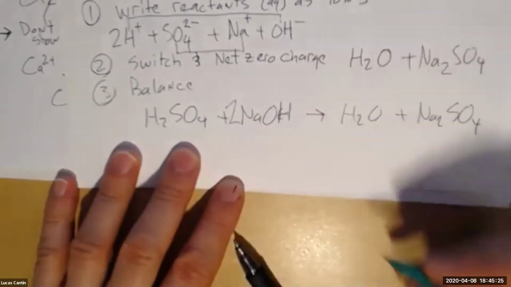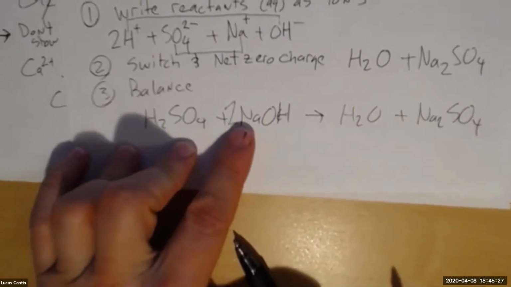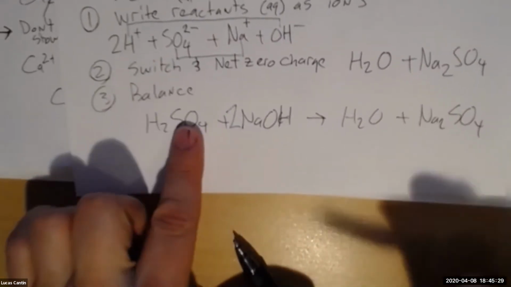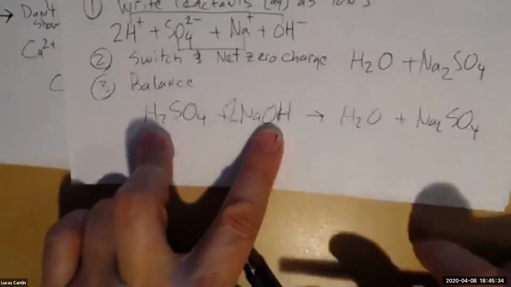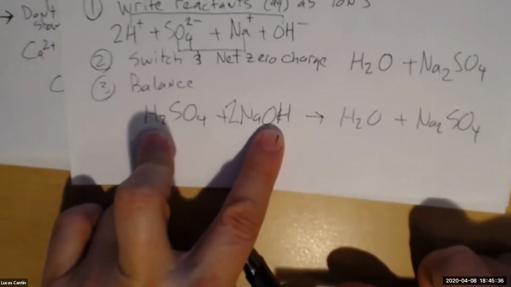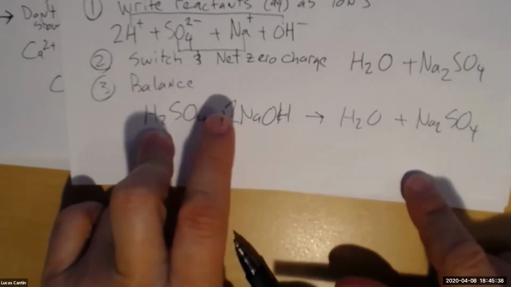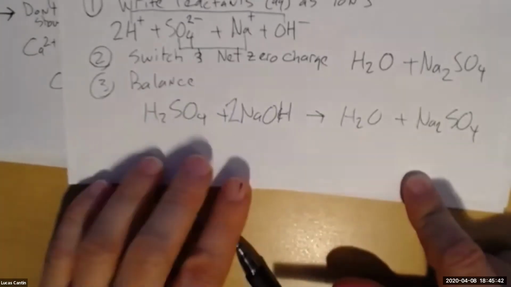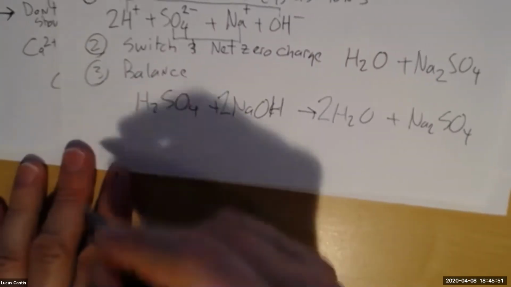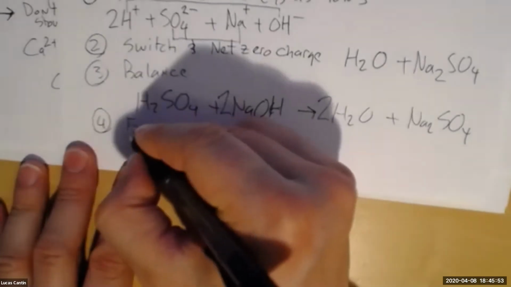And I still have 1 sulfate on each side. So I'm going to go to the hydrogens. How many hydrogens are on this side? 4. Good, 2 times 1 plus 2 is 4. And over here I only have 2, so in front of H2O I'll put a 2: 2H2O. Gosh, the steps just keep going here. What are we going to do next? Step 4, find the states.